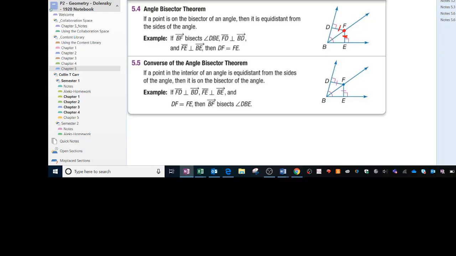And then the converse is saying that if a point is on the inside of an angle and it is equidistant from the sides of the angle, then it is a bisector of the angle.